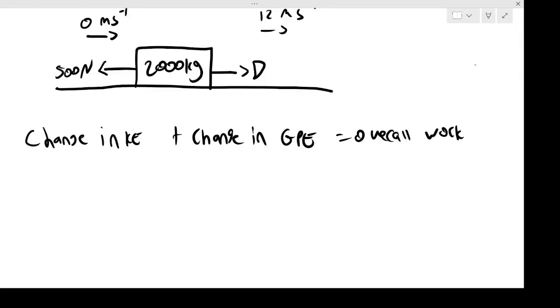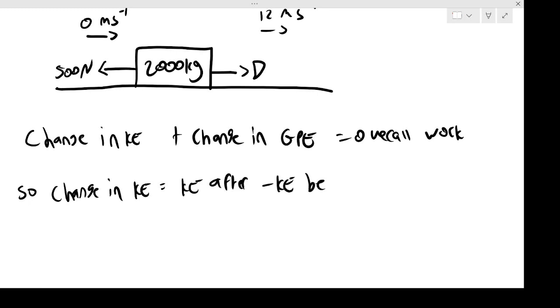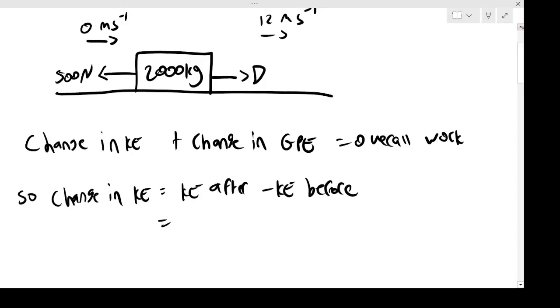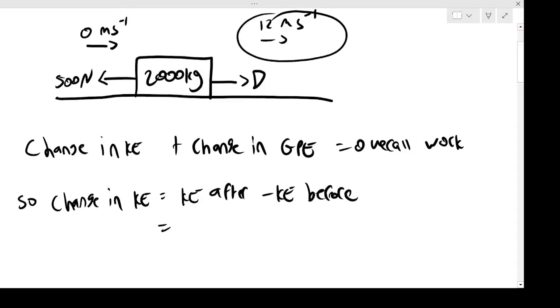Okay, so if I work all these out bit by bit, firstly the change in kinetic energy, well, remember that's always going to be the kinetic energy after, take away the kinetic energy before. So in this case, kinetic energy after, the speed is 12, so it's going to be half times the mass, which is 2,000, times 12 squared.